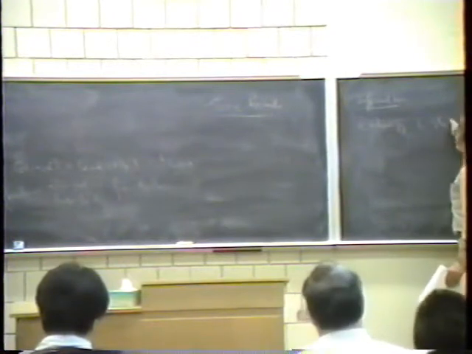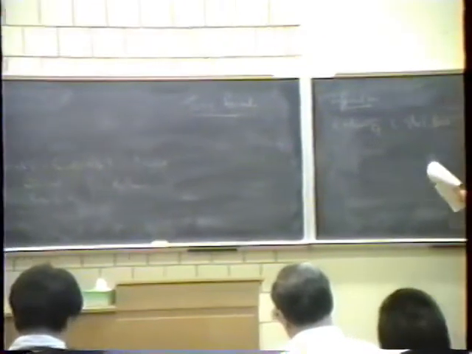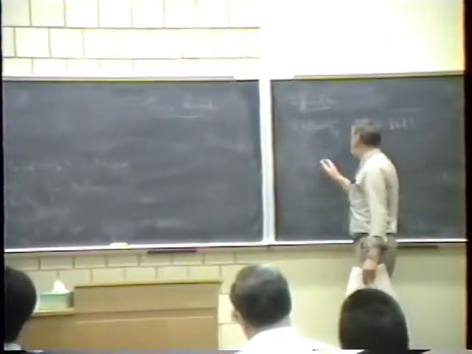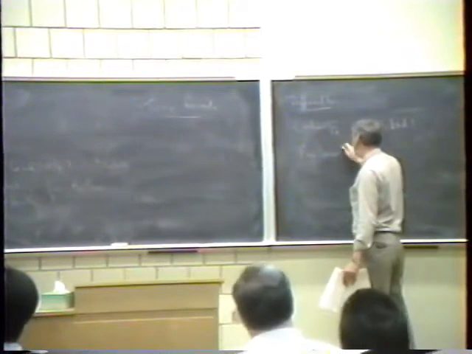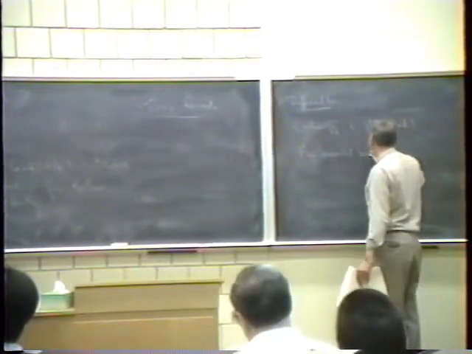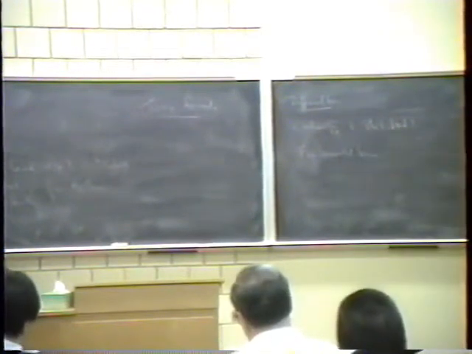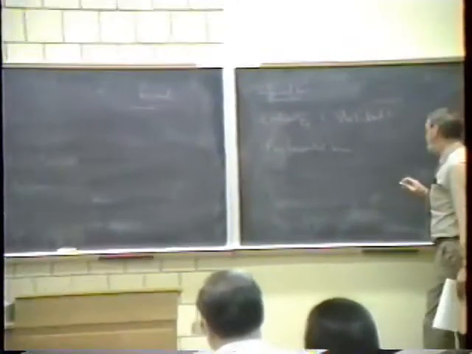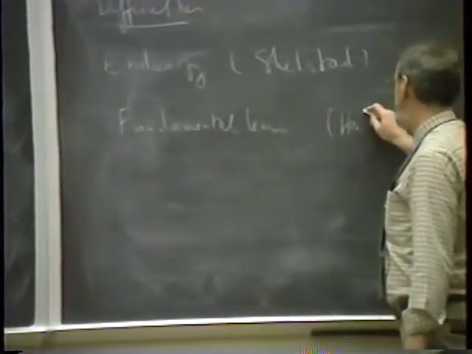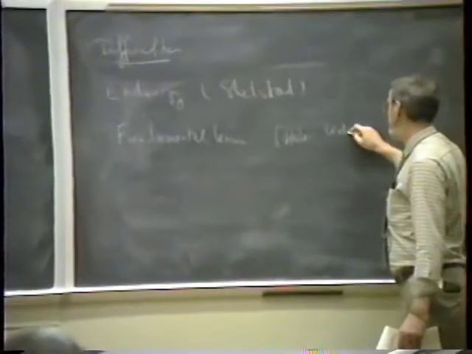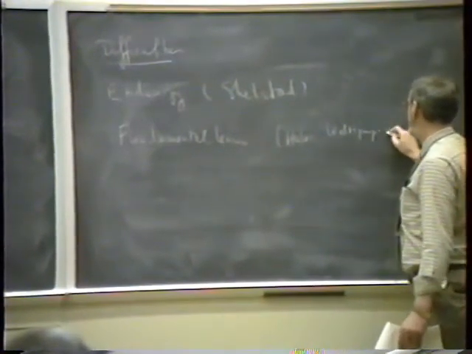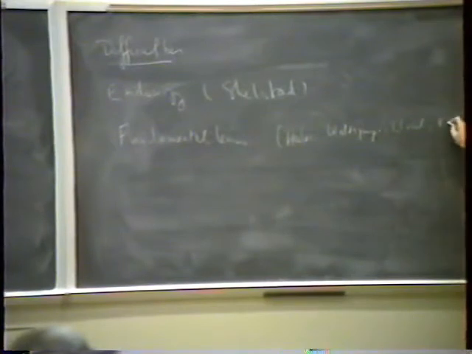This was developed by Shelstad, but in connection with endoscopy, there is one important problem to which I won't return at all today, but I want to mention it because it's the main obstacle to this program that Arthur wants to carry out, and various people are trying to deal with it. Hales and Waldspurger have done some things. Clozel, Kottwitz. It's a really serious problem, which I won't return to.